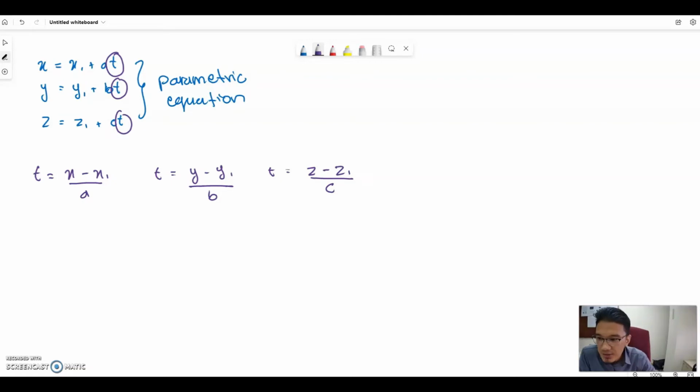Since all of the t come from the same scalar value, we have x minus x1 over a equals y minus y1 over b equals z minus z1 over c. This is our third type of equation, which is the Cartesian equation.